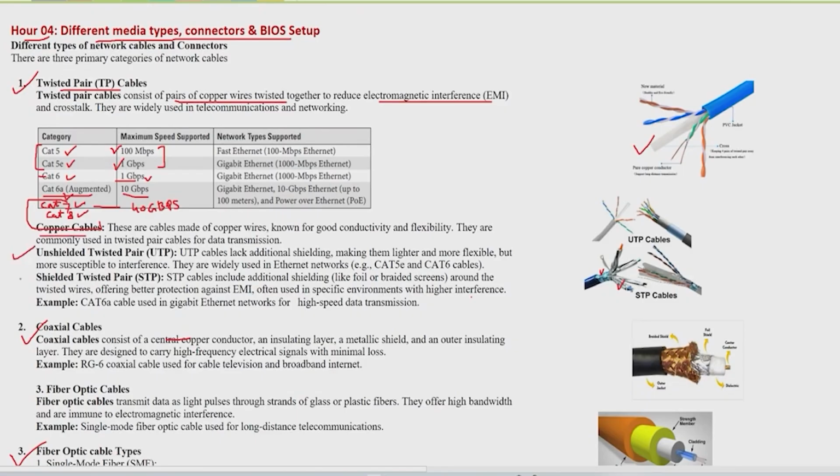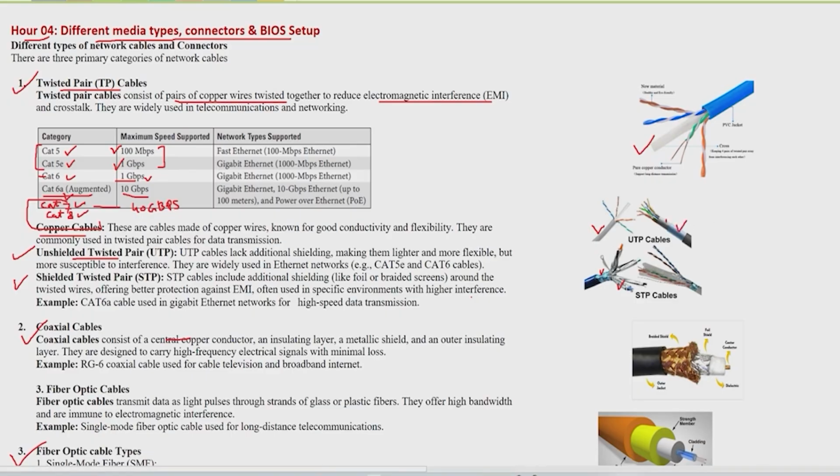Okay, copper cable also has two types, unshielded and shielded. What is meant by unshielded and shielded? Unshielded means there is very little shield, not no shield, but very little. Little shield means before they were using only one cover. There was no foil inside, just plastic, and the pairs were open, and that was considered without any shield.